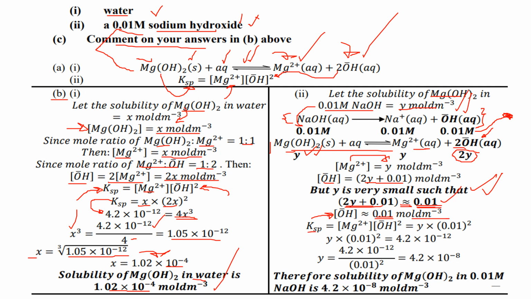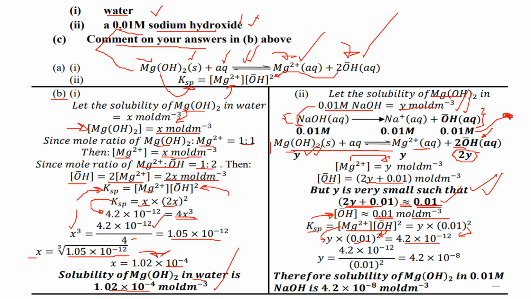So we write the expression for finding Ksp and then substitute. The molar concentration of magnesium in this case is y, and the molar concentration of hydroxide comes from the strong base, which ionizes fully, so it is 0.01 squared. Putting everything in the calculator, this must equal the solubility product which was given.